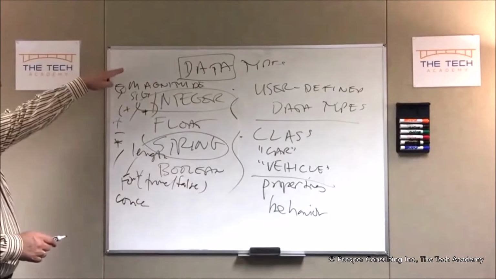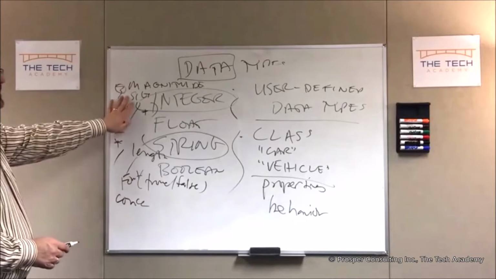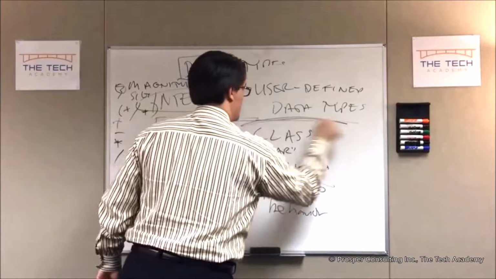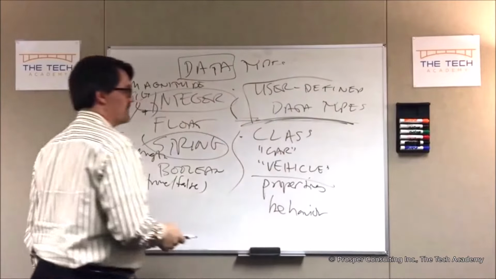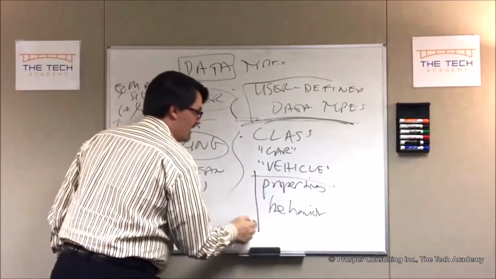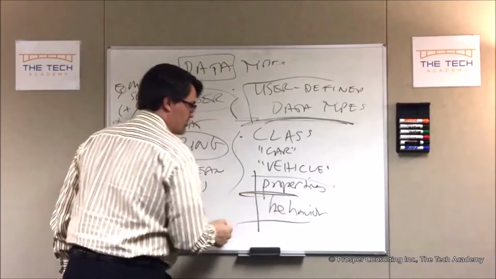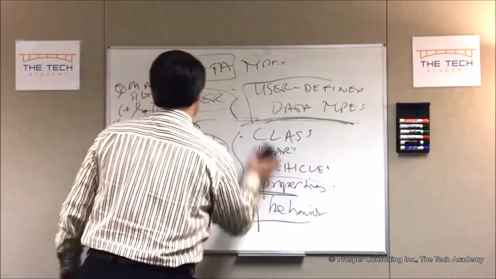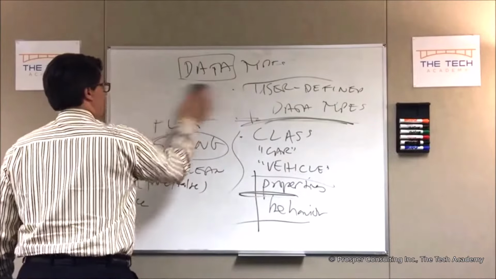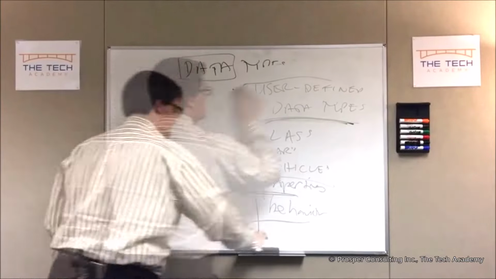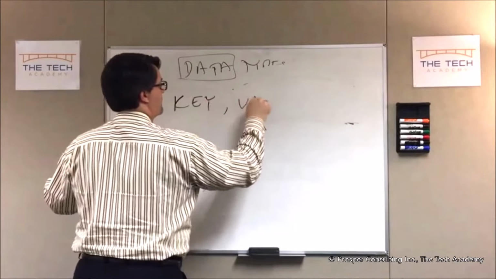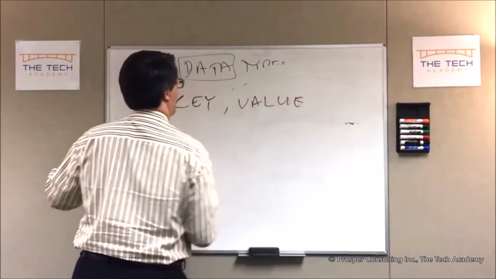But these are defined by whoever made your software programming language or your computer. These are defined by you, user-defined. But it's still just data that has certain properties and certain behavior. You've made your own data types. Now, if you look at the idea of a dictionary, remember, it is a key value pair.